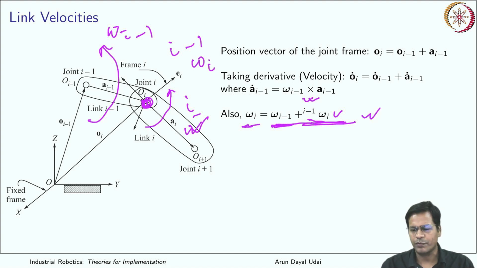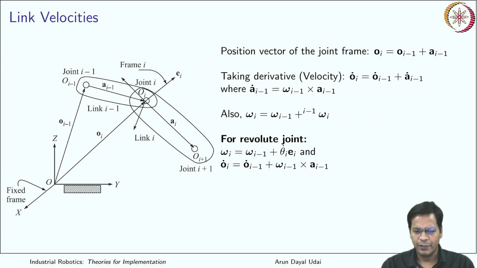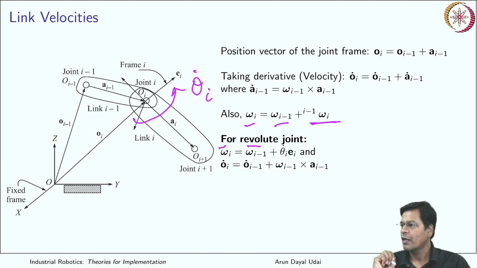So using both of these, now you can write for a revolute joint omega i is equal to omega i-1 plus this is your relative angular velocity. You know this is rotating at an angular velocity which is given by theta i dot. This is the magnitude of that. What is the direction of that?